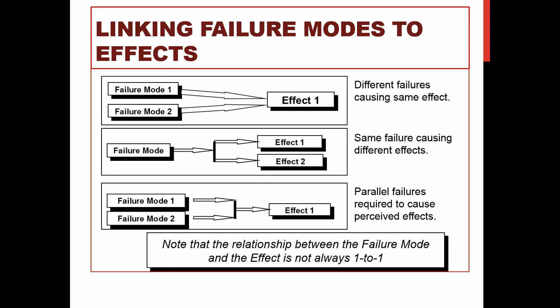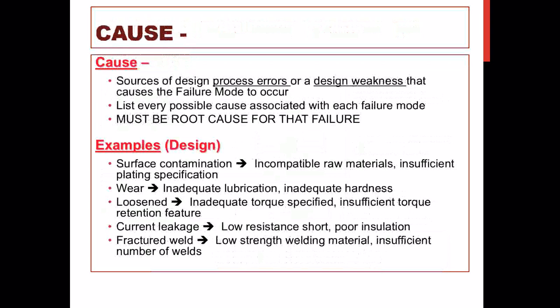It is also possible that a particular failure mode could cause two different effects on the product. Depending on the severity of the failure mode, it could cause noise or could cause full loss of function. But both come down to the same failure mode, same root cause.